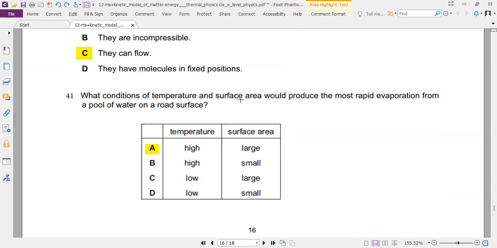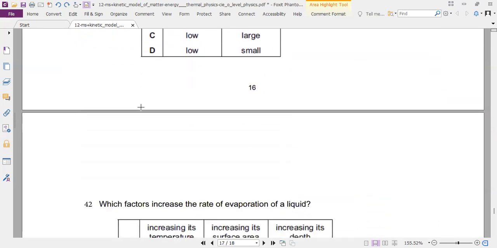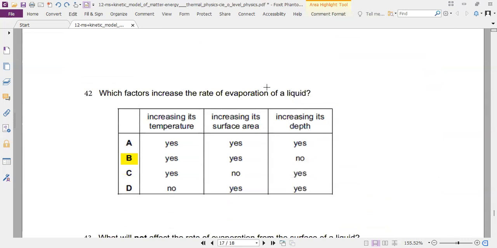41. Temperature has to be high, surface area has to be large to get maximum possible evaporation. 42. Rate of evaporation will increase if you increase the temperature, increase the surface area, increasing depth does not.